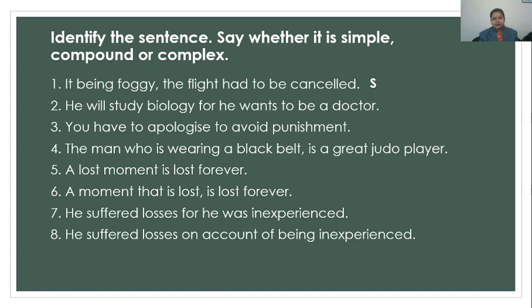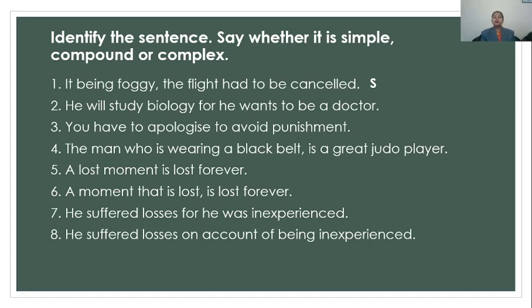Now, he will study biology for he wants to be a doctor. This sentence is repeated. Okay, no problem. He will study biology. So find out the number of finite verbs. My first verb is will and the second is wants. The sentence has more than one finite verb, meaning more than one clause. This is not simple.